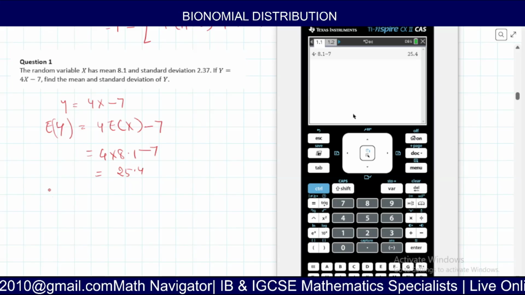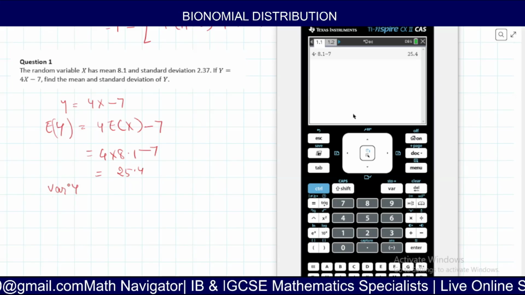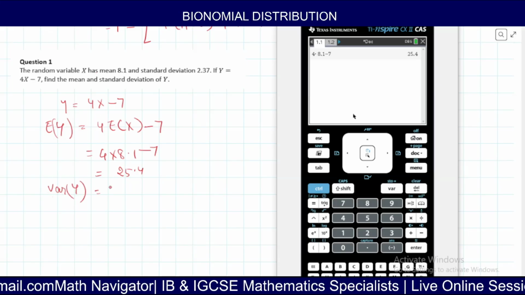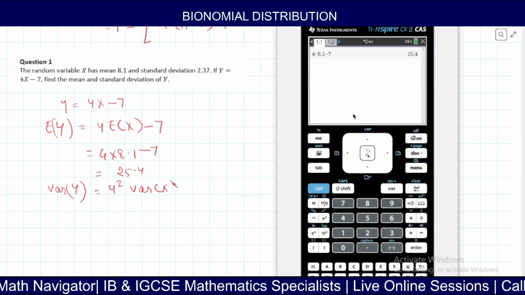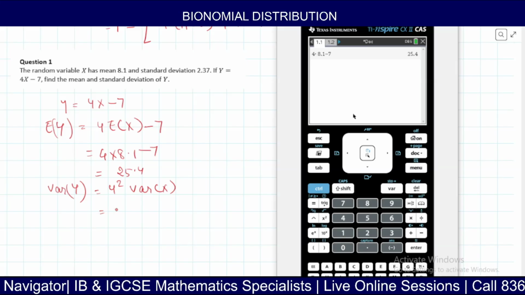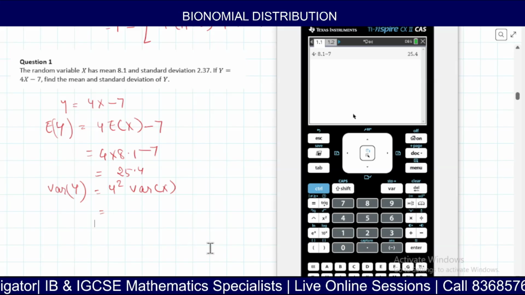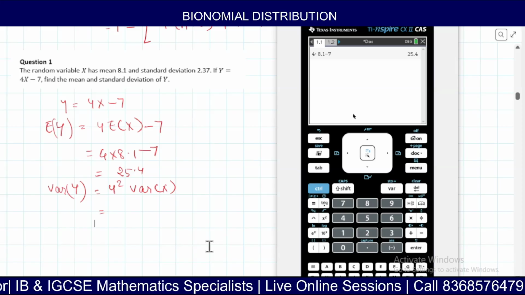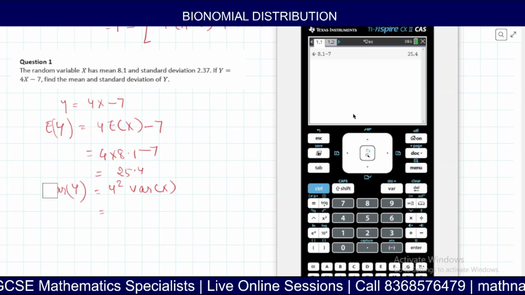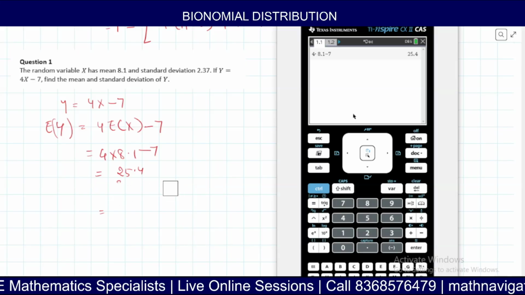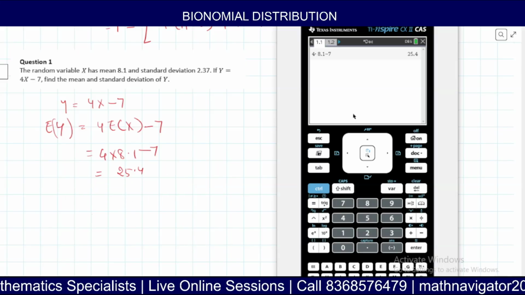Now I want to calculate var y, which will be 4 squared times variance of x, so 16 times the variance. Or you can directly calculate standard deviation using the formula.